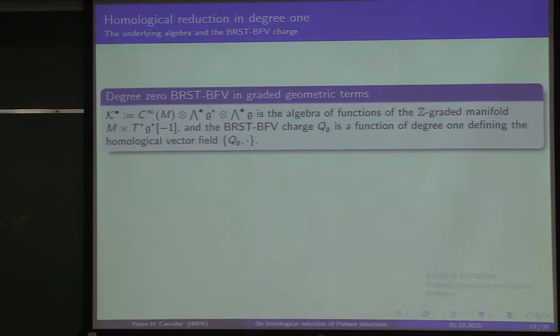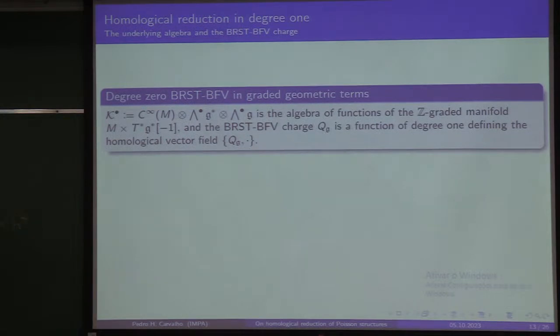Now you have M, so you have some other coordinates that are a bit weird because they anti-commute, but still you can see this as functions on this space here. And this actually has a Poisson bracket, and this is just a function on this space. And this is just a homological vector field here.